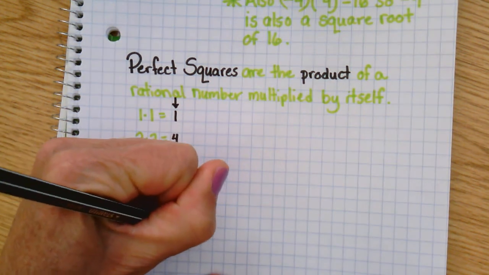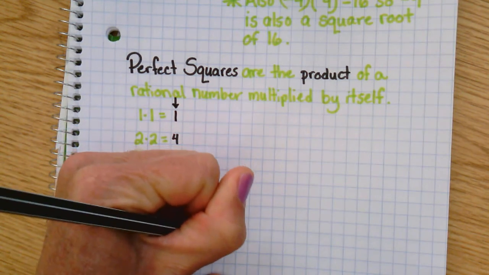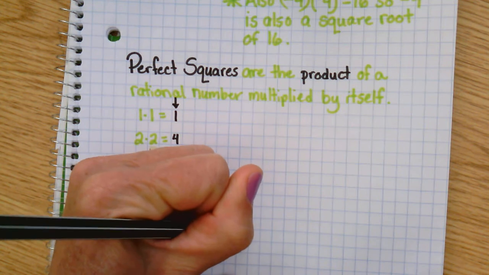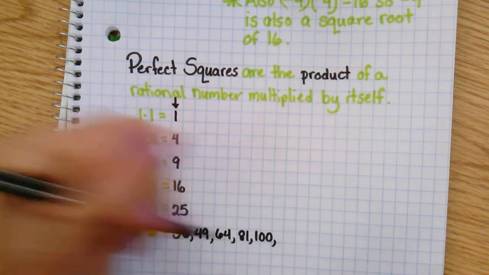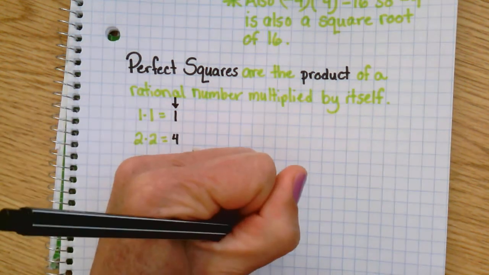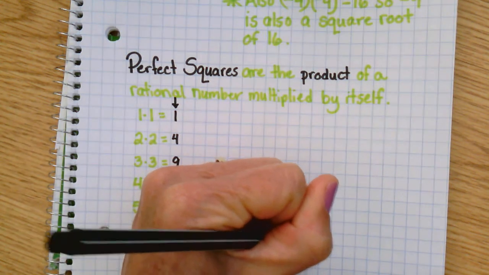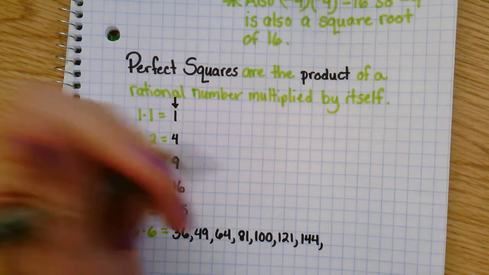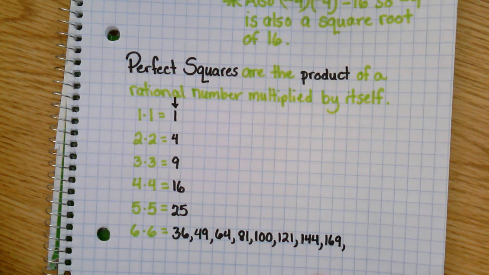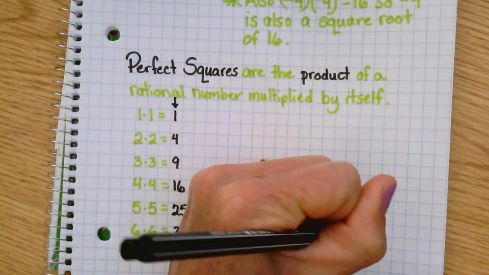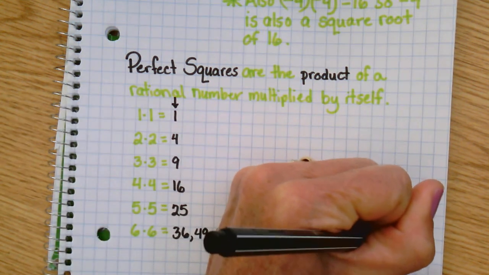So 7 times 7 is 49. 8 times 8, 64. 9 times 9, 81. 10 times 10, 100. 11 times 11, 121. 12 times 12, 144. 13 times 13, 169. 14 times 14, 196. 15 times 15 is 225.